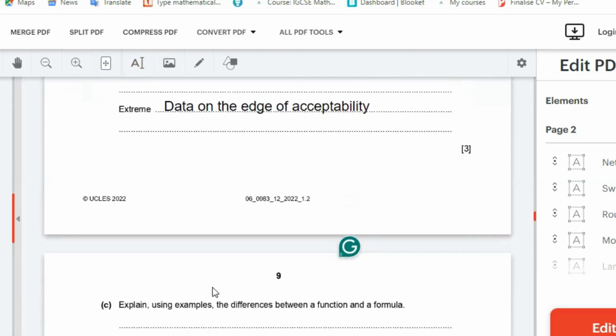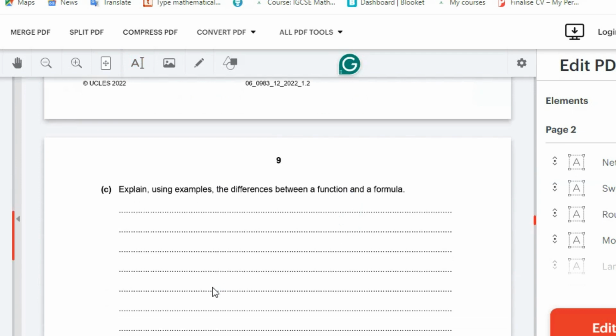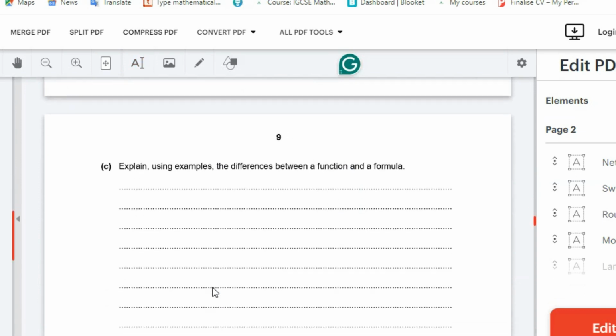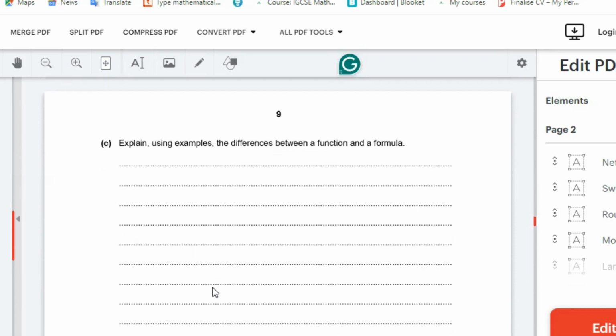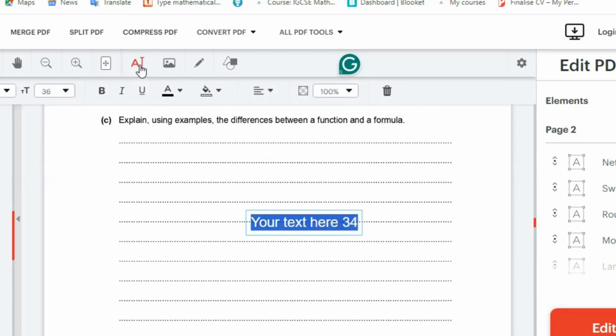So let's move on to question number 9C. 9C says, explain using examples the differences between a function and a formula. Now, when we say formula, a formula is a statement written by the user.